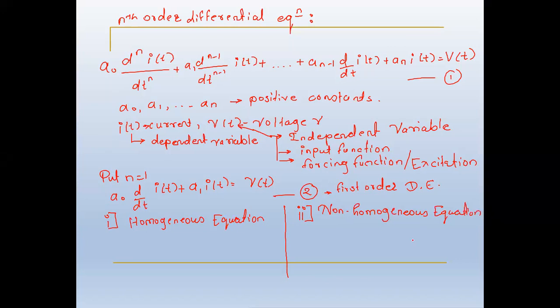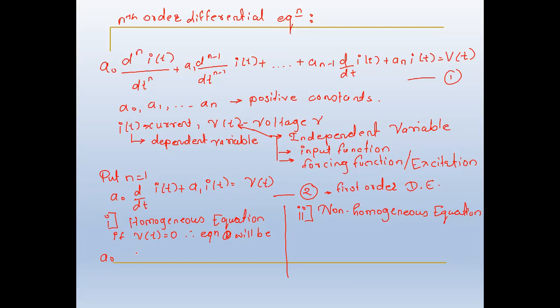For the homogeneous equation, if the applied voltage v(t) is 0, then equation 1, sorry, equation 2 actually, because we have defined that one as the first order differential equation, with respect to that we have categorized these two.